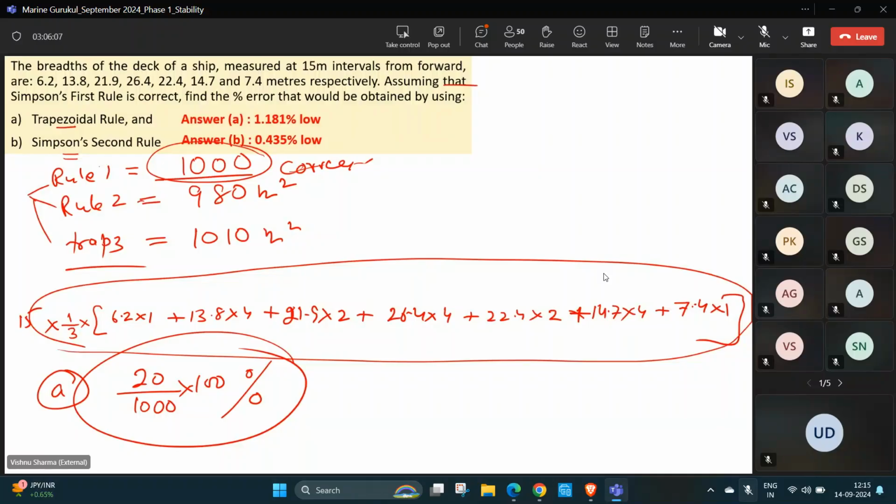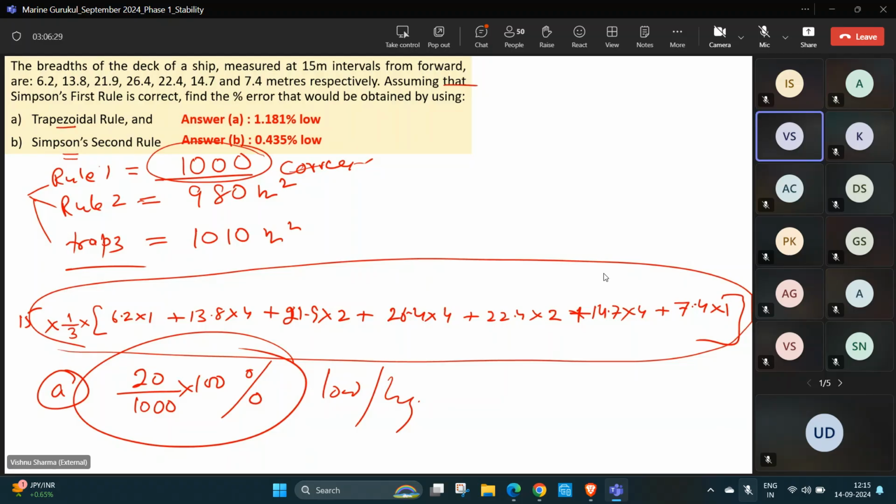Clear? Understood? ठीक है भाई? Yes, sir. And you can name it low or high depending on whether rule 2 has given you low or high. In this case, it will be low.